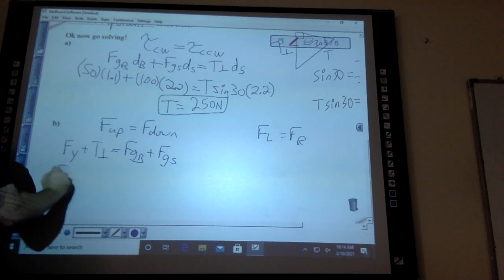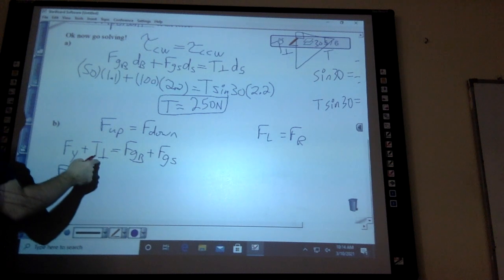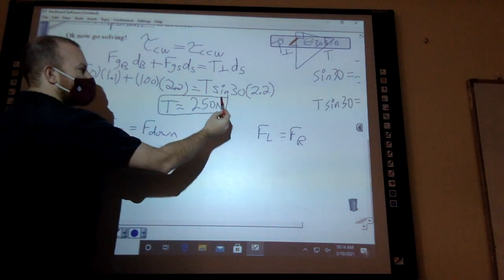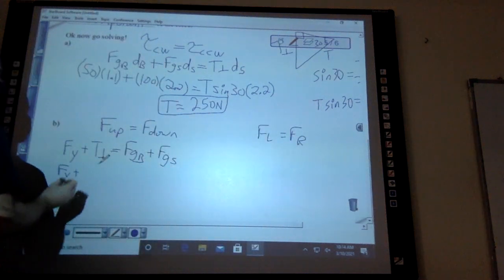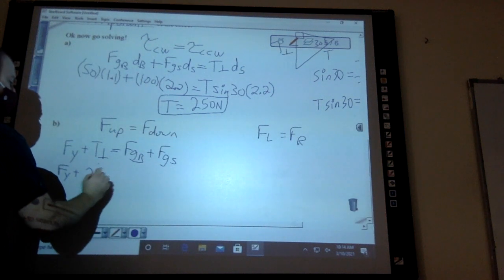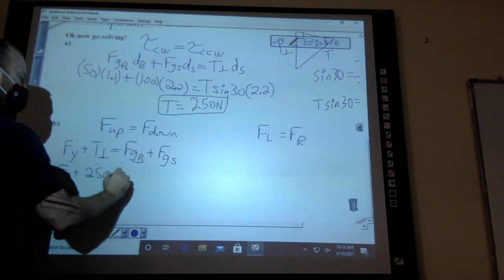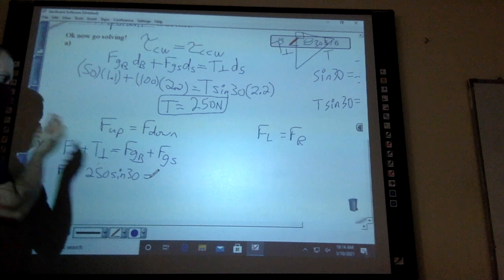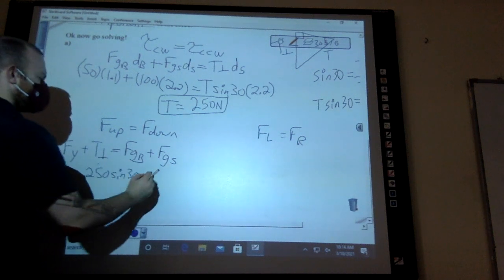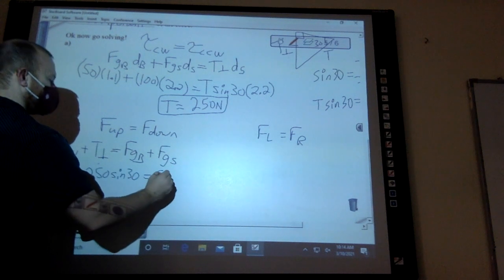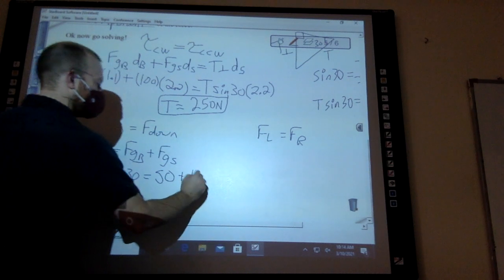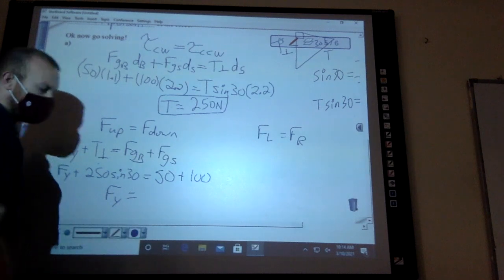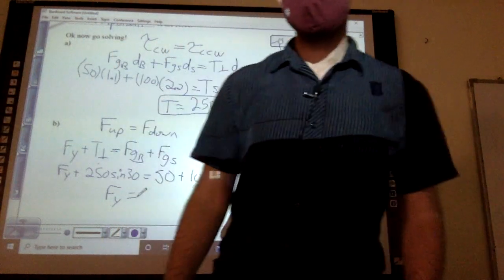So Fy plus, I don't technically know what this is yet, but I already established what it is here. So it's just 250 times sine 30. Sine 30 is a half, so it's just going to be 125. FGB, I think it was 50, right? Plus 100. Do math, you get numbers. It's 25.